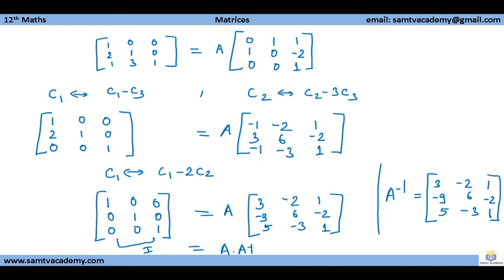So what we can see? We can see that if we do column operation or if we do row operation, we will get the same answer, because inverse is unique. So it will be same.